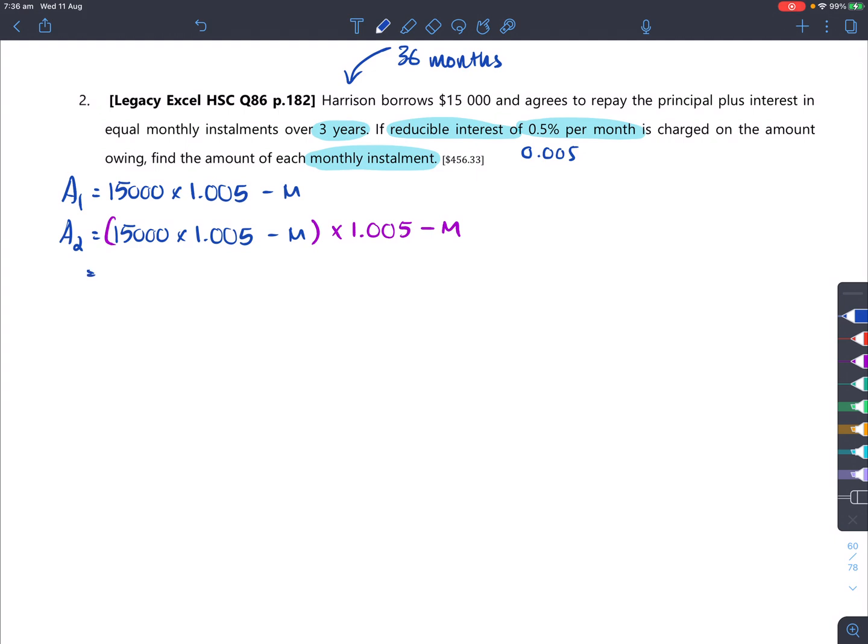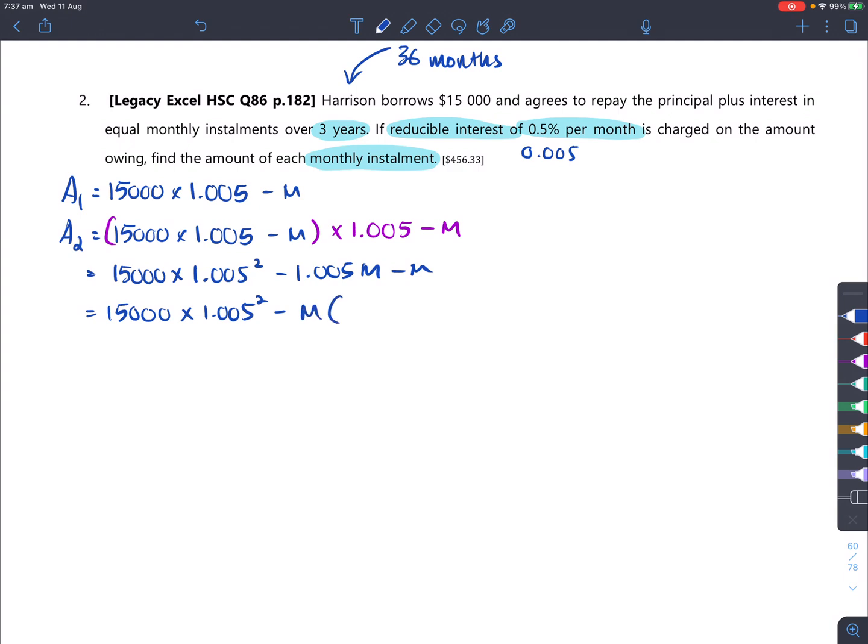We expand the 1.005. Okay, all right. So at this moment, if you really don't want to do A3, that's okay, because you can kind of see a pattern coming, but by the time you've done a lot more questions, you kind of recognize it. So we can actually stop there if we want.